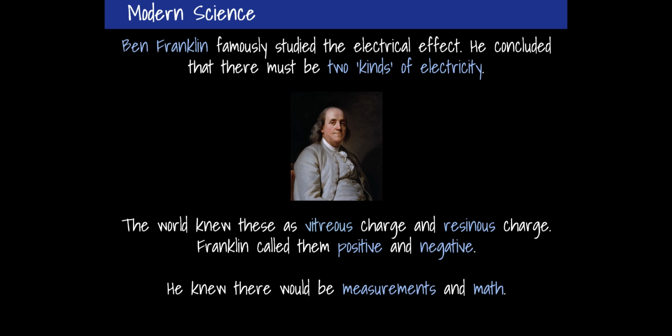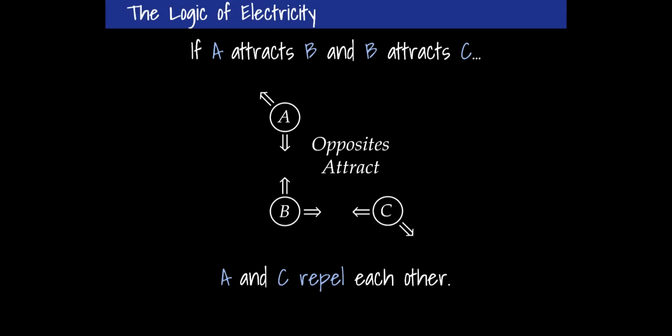So there are two kinds of electricity, and this is the way the logic of it works out. Imagine that I have an object A here, and I prepare it by rubbing it with the appropriate materials. I prepare it in such a way that it attracts object B. And I've added arrows to my diagram here, suggesting that they attract one another.